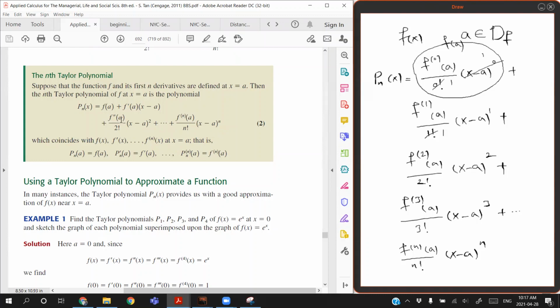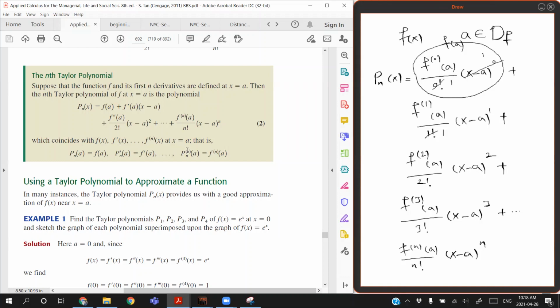The second derivative at a divided by 2 factorial times (x minus a) to the power of 2, all the way to the nth derivative of the function at a over n factorial times (x minus a) to the power of n. Okay. Are we good so far?